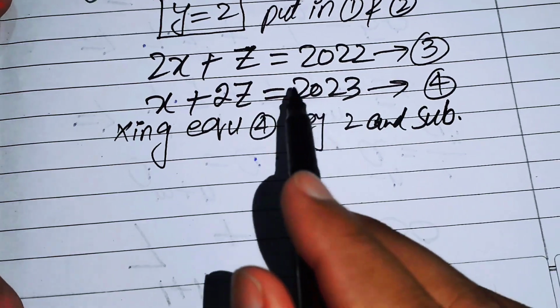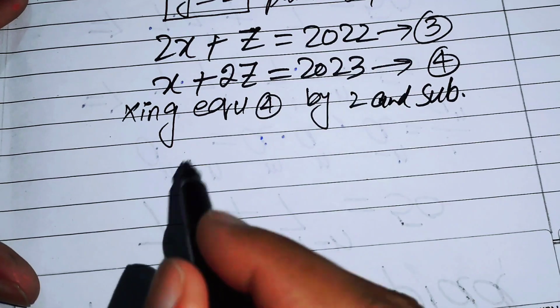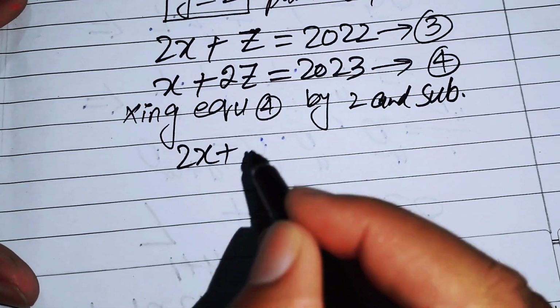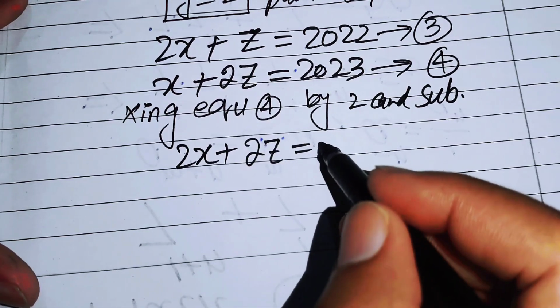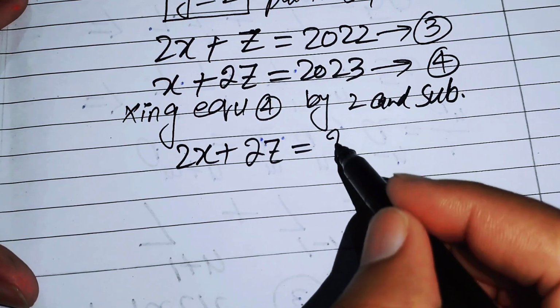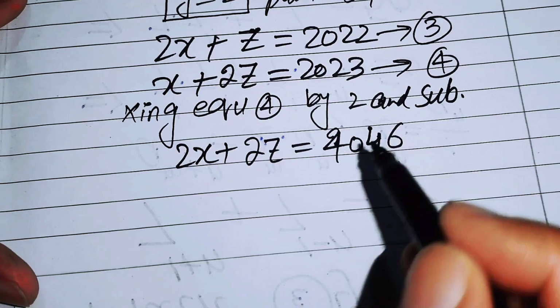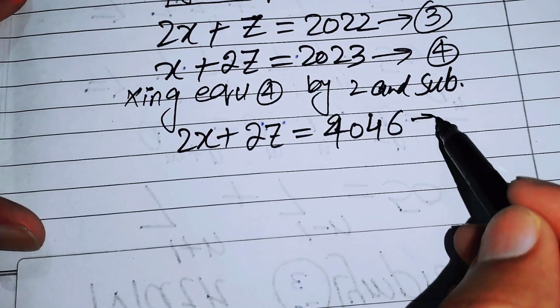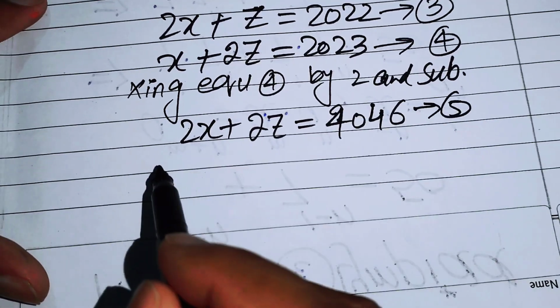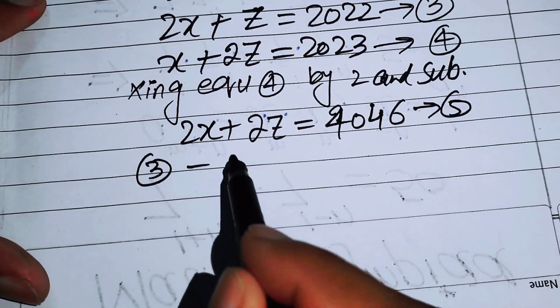After multiplying, you get 2x plus 4z equals 4046, and we can subtract the two equations.